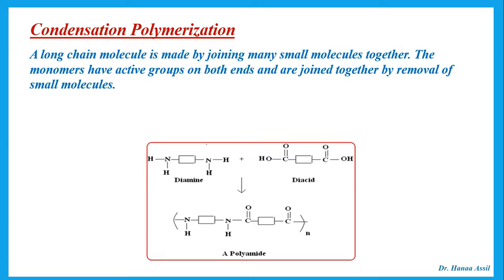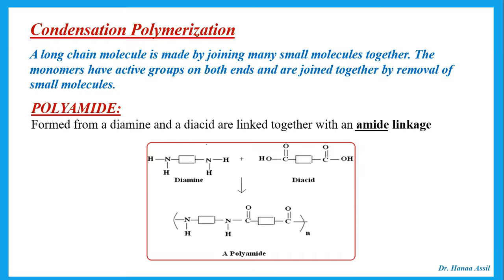So in this case, the long chain molecule is made by joining many small molecules together, so this is polymerization, but it is condensation because the monomers have active groups on both ends and are joined together by removal of small molecules. We did not remove any molecule when we were doing addition polymerization, but here we remove an H and an OH, so we're basically removing a water molecule.